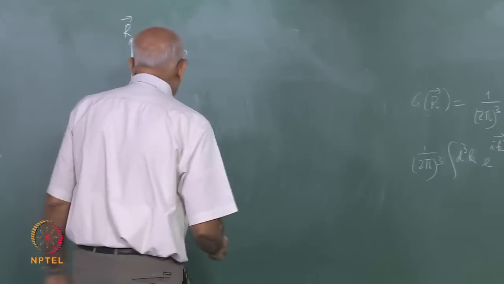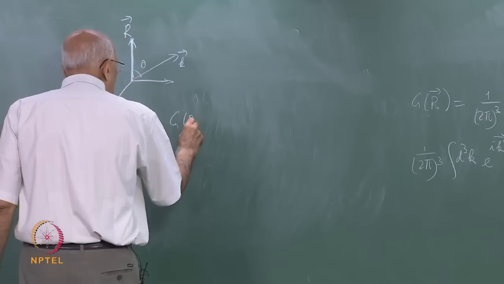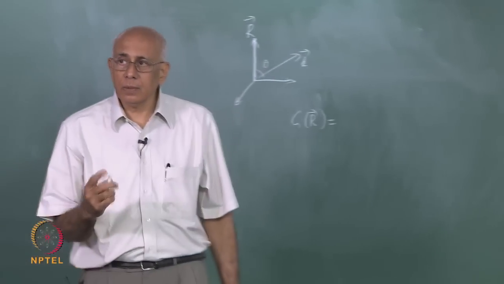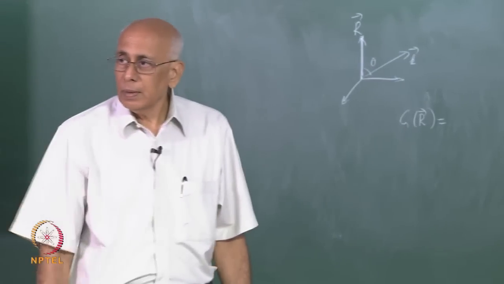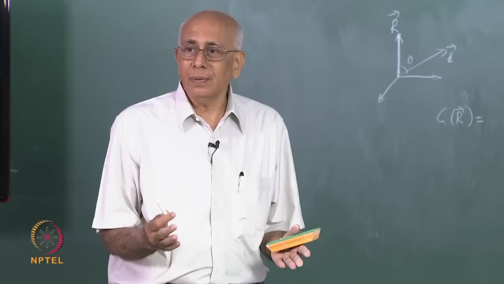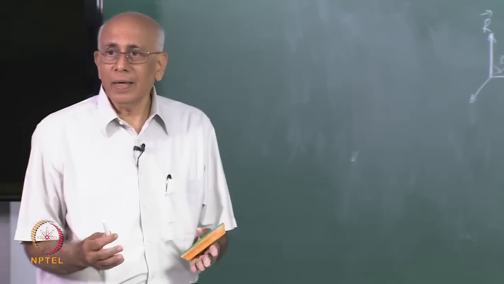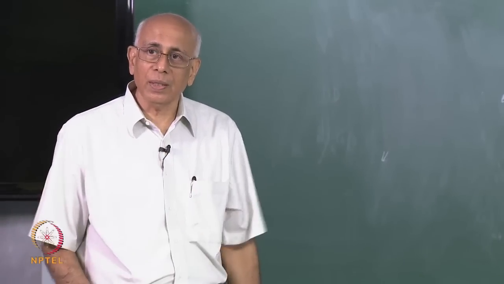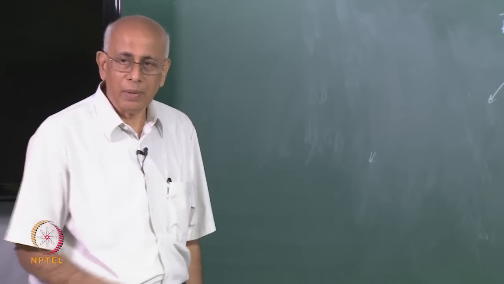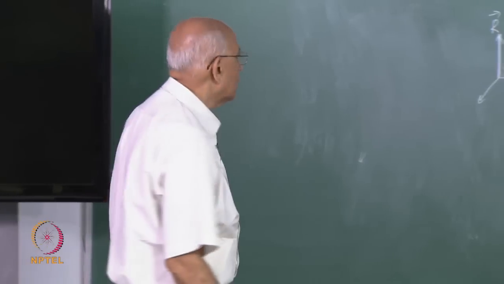So this integral becomes g of r equal to, by the way I said that this function is a scalar, so I really expect it not to depend on the direction of r either. It should finally end up depending only on the magnitude of r. So I could write g of capital R without the vector sign, but let us see if that really comes out or not.